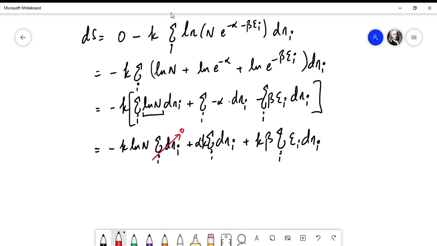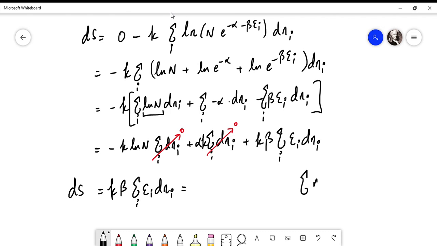Now this is 0, right? I just said that this is 0 in the previous step, and so this simply gives you ds as kb summation of I ei dni. Now it's very easy to also note down, at the very beginning I told you that summation of ni ei was just E, the total energy.